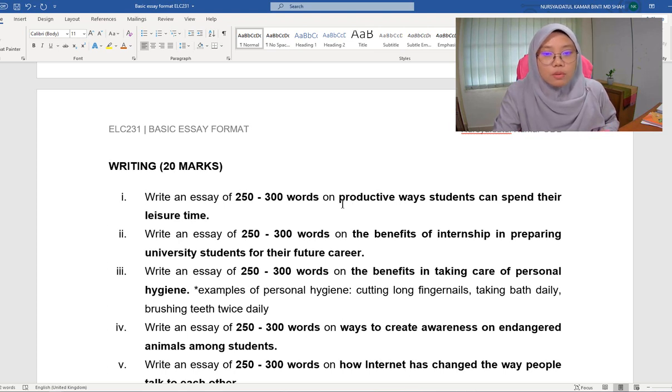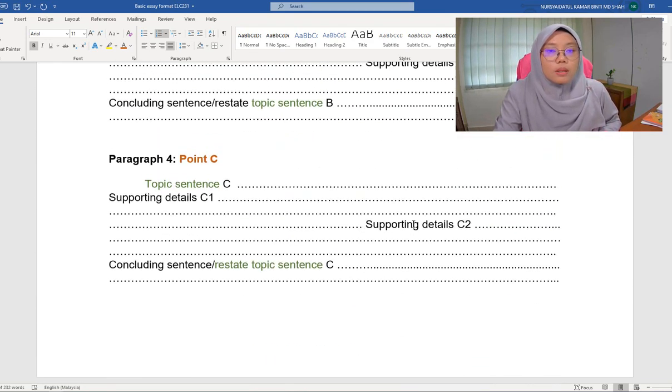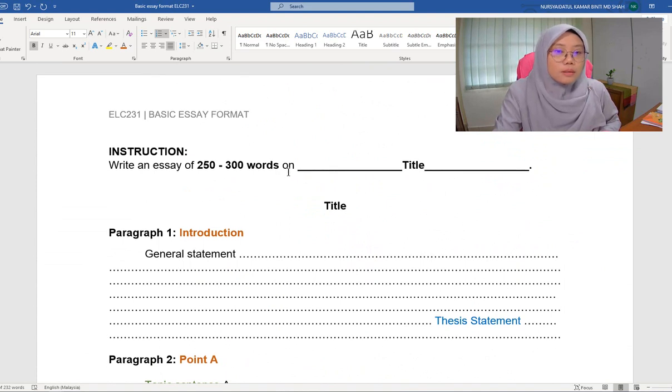So you have to think about 3 productive ways students can spend their leisure time. So how to spend your free time. So 3 ways. So here you can put the title as ways for students to spend their leisure time.